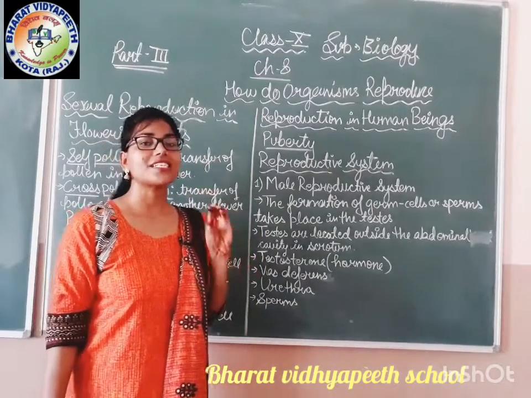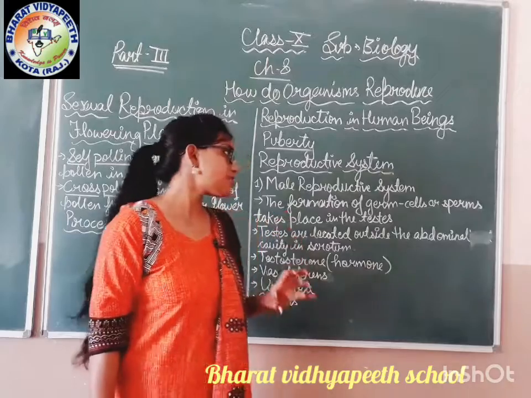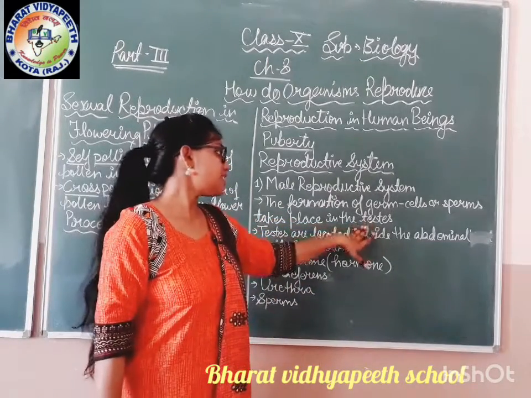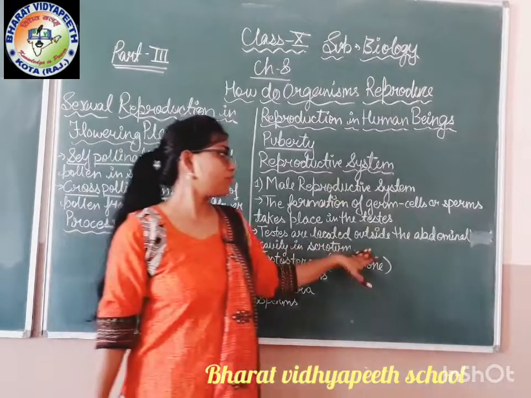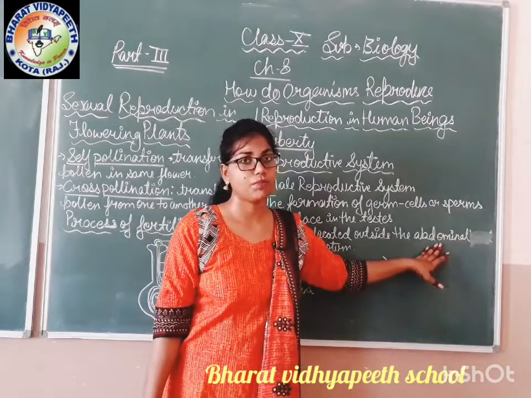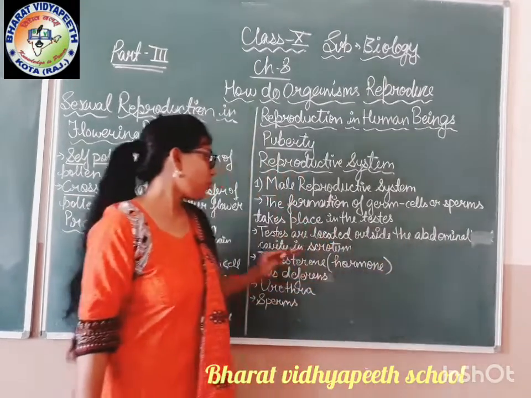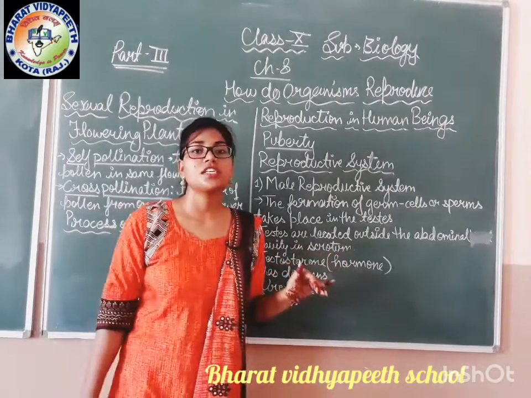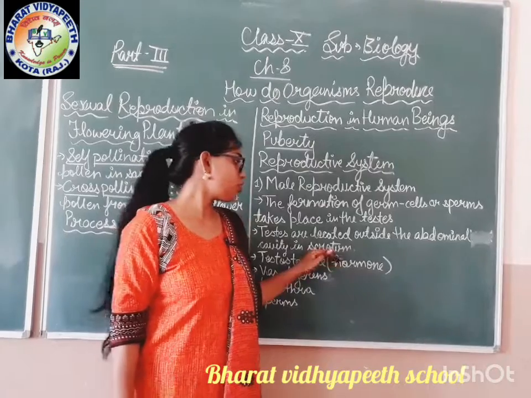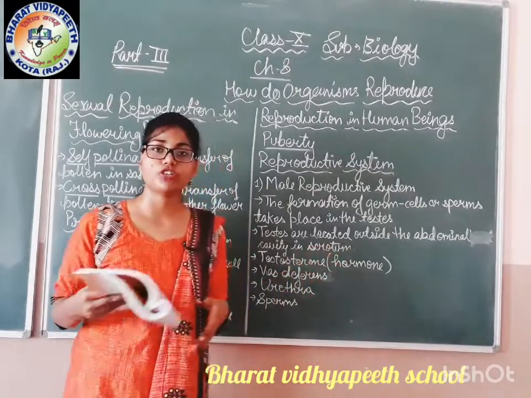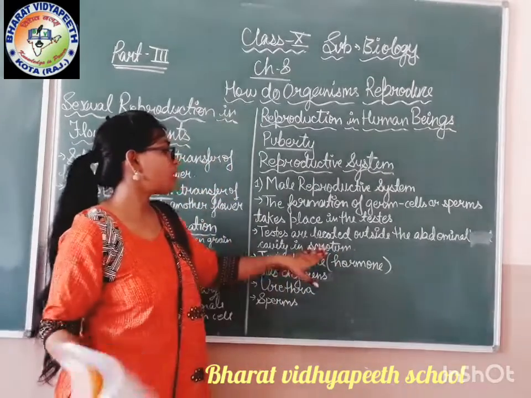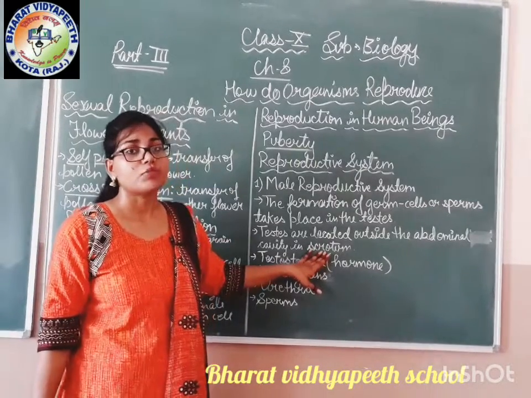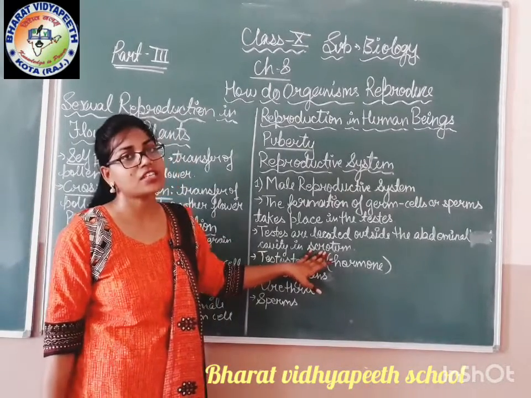Sperms are the male gametes, or male germ cells, which form in the testes. The testes are located in the scrotum, outside the abdominal cavity of the male body, because they require a temperature lower than the normal human body temperature of 37 degrees Celsius.